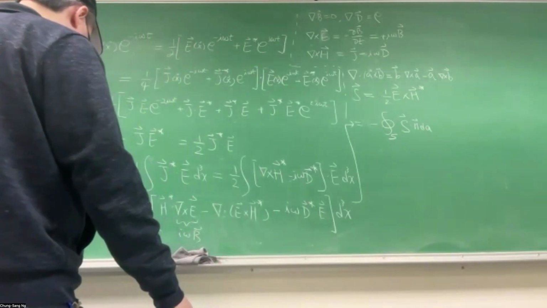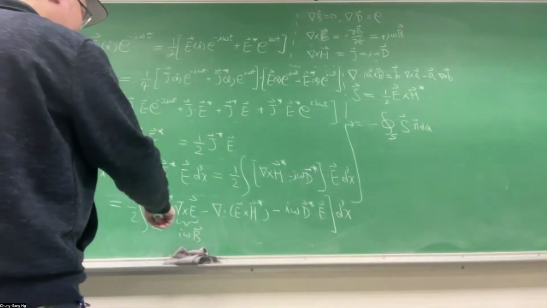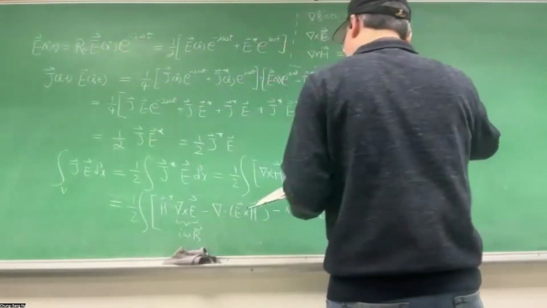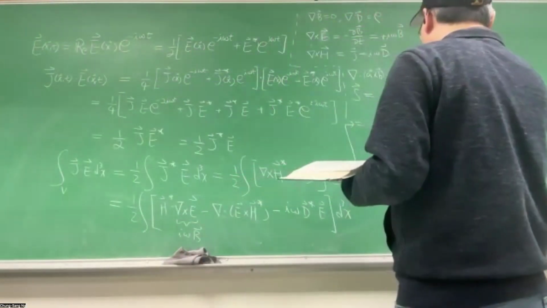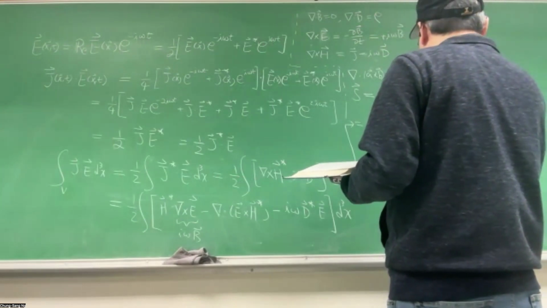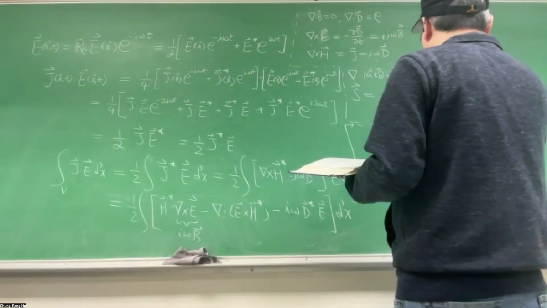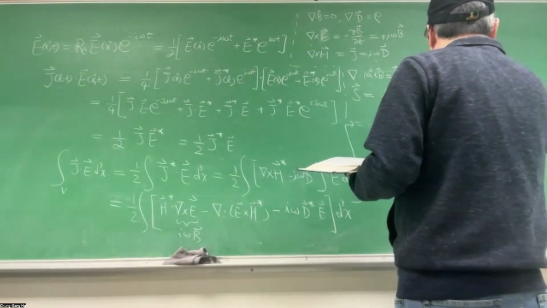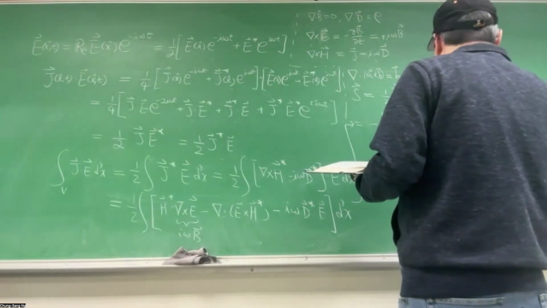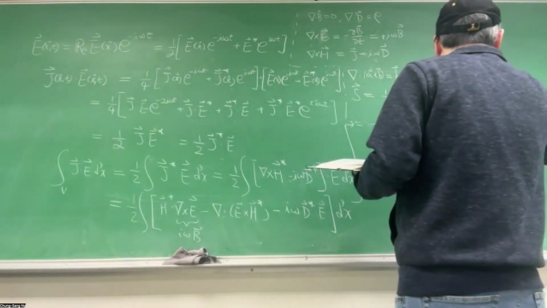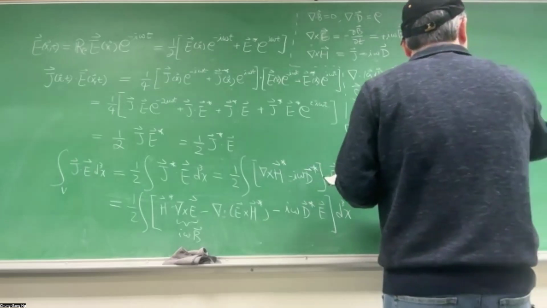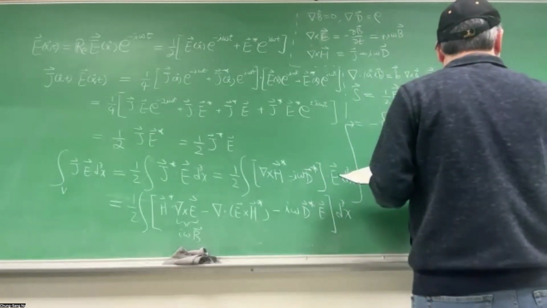Take the i omega out and combine the two terms. Right, i omega over 2, and then you have E dot B minus D dot E. So one thing is that the signs of these two terms are different.